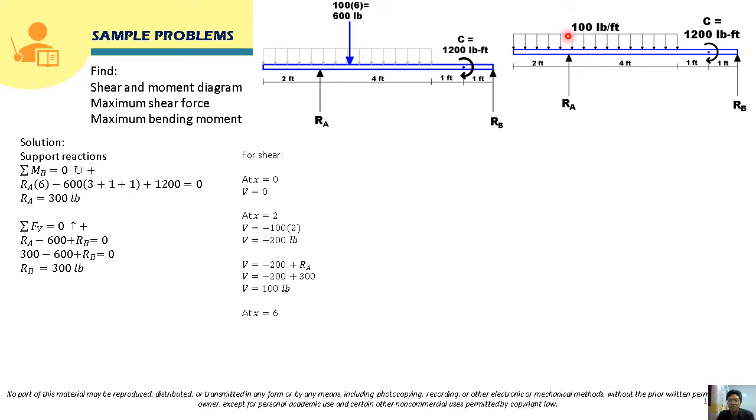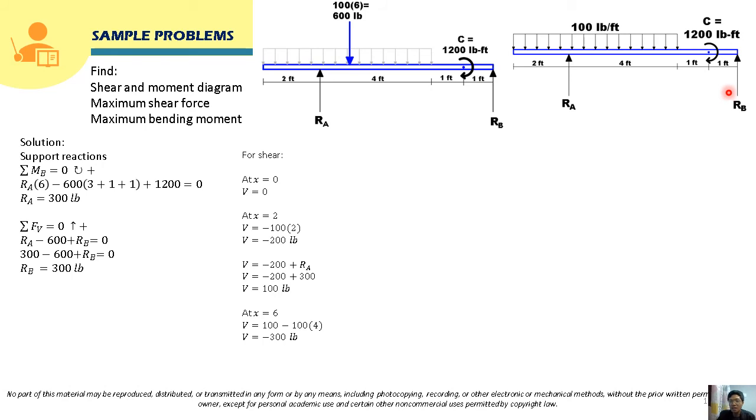The area of the loading at this segment is 4 times 100. So from the previous shear, that is 100, minus, since the loading here is downward, 100 times 4. Therefore, the shear here at x equal to 6 is negative 300 pound.